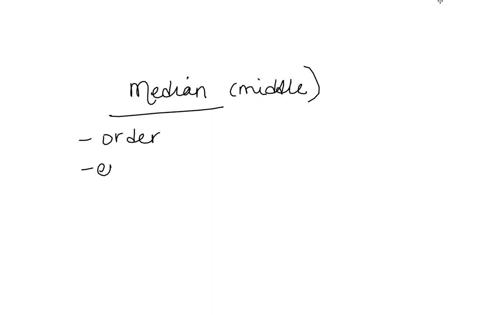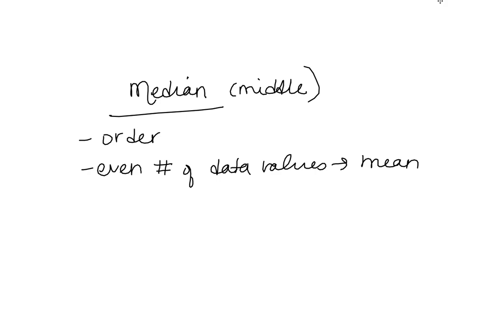And if it's an even amount of data values, then you're going to have to find the mean between those. Okay, so here's what I mean. Let's say this is my data set. And let's just take this off. Okay, let's just say this is my data set.